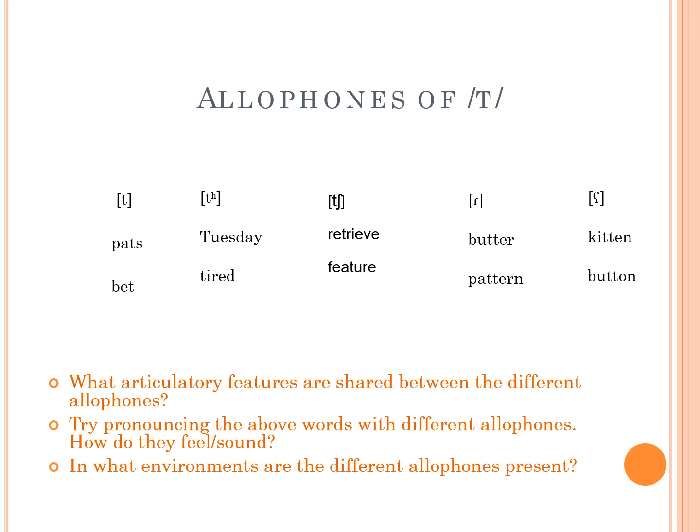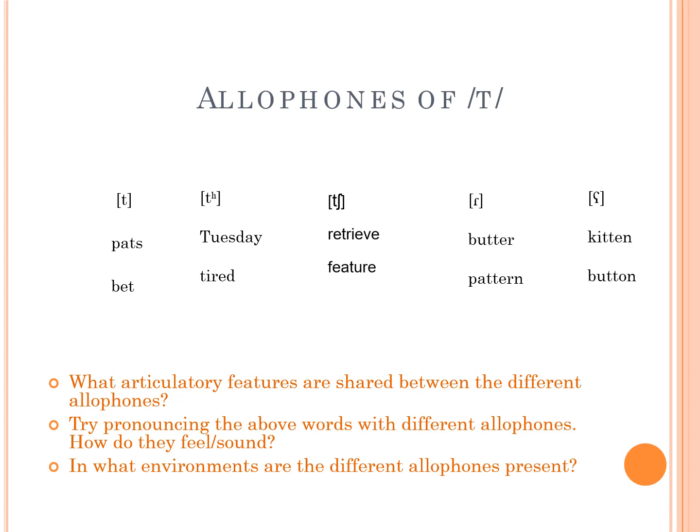We have an almost ch sound for retrieve and feature. It's pretty clear for me. It sounds like ch when I say feature, even though again, when we perceive that, we're still really hearing t, it's a t there. We have what's called a flap, created with our tongue just flapping up against that alveolar ridge, for butter and pattern.